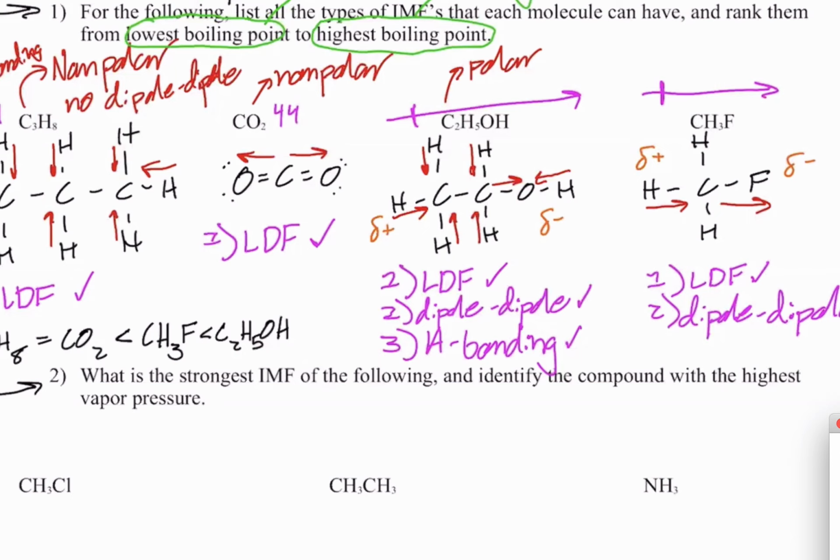So let's see. So we got 1, 2, 3, 4, 5, 6, 7, 8. 7, 8-ish of you guys are done.